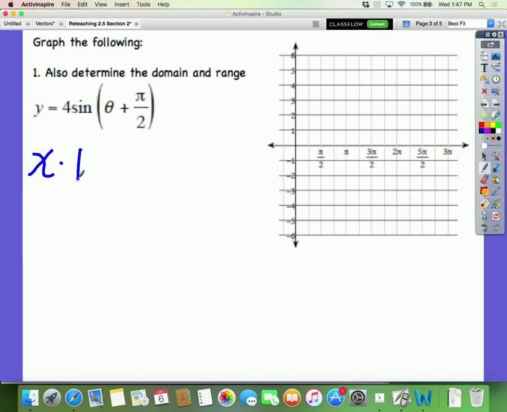So I'm going to multiply them by 1, and then I'm going to subtract my phase shift. And the reason why I subtract, because remember, phase shift is negative c over b. So negative c, what's c in this problem? Pi over 2. All over b, what's b? So that's why it's going to be a minus pi over 2. Does everybody see that?